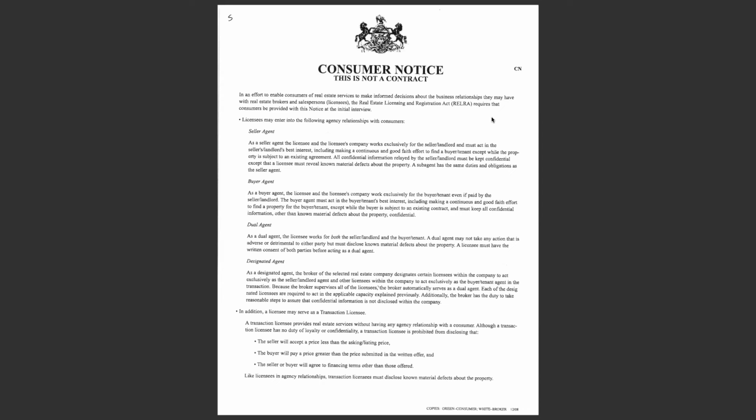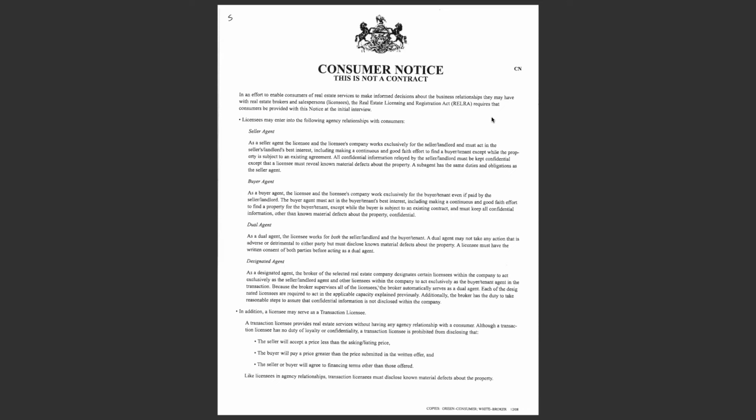Although the transactional licensee has no duty of loyalty or confidentiality, the transactional licensee is prohibited from disclosing that the seller will accept a price less than the asking or list price, the buyer will pay a price greater than the price submitted in the written offer, or the seller or buyer will agree to financing terms other than those offered. Like licensees in agency relationships, a transactional licensee must disclose known material defects to the property.